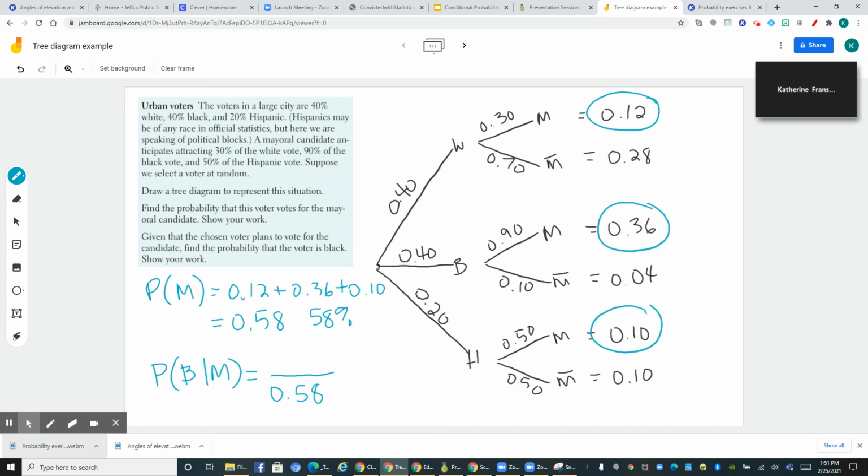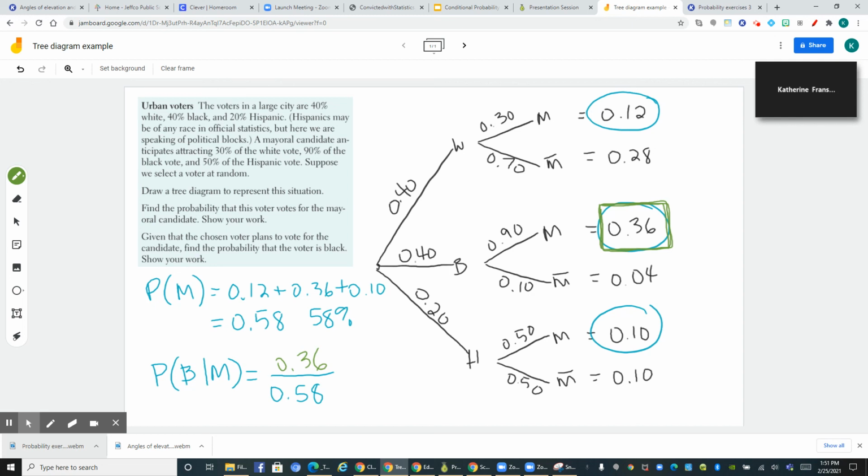So just out of the people who plan to vote for the mayor, that's 0.58. Then this group right here are the ones who were both Black and voted for this person. So 0.36. So Black and voted for this person, out of the people who voted for this person.